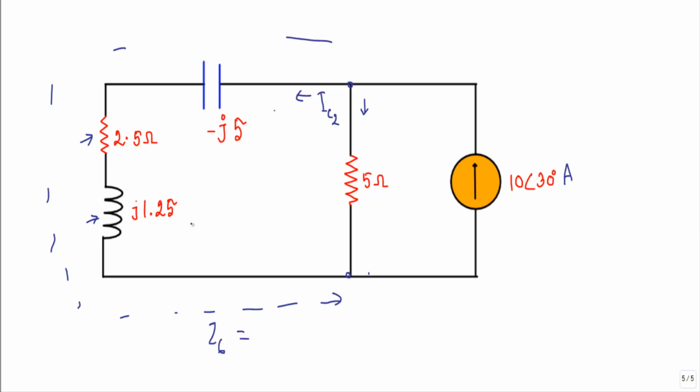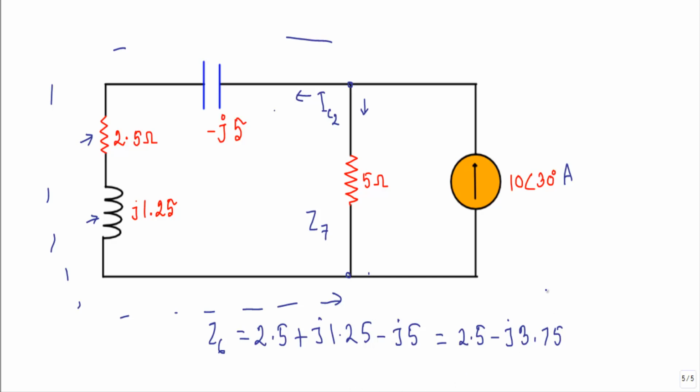Z6 will be 2.5 plus J1.25 minus J5. So here I will get 2.5 minus J3.75 ohm. And this branch will have an impedance of, let's say, Z7. Z7 will be equal to 5 plus J0.